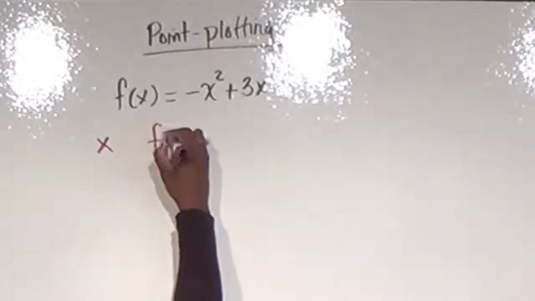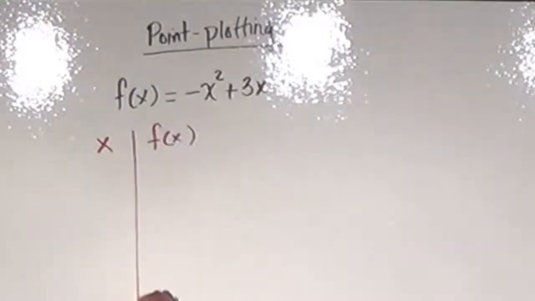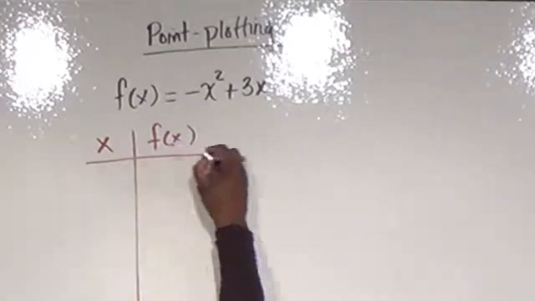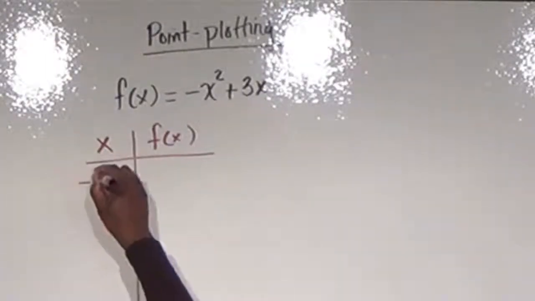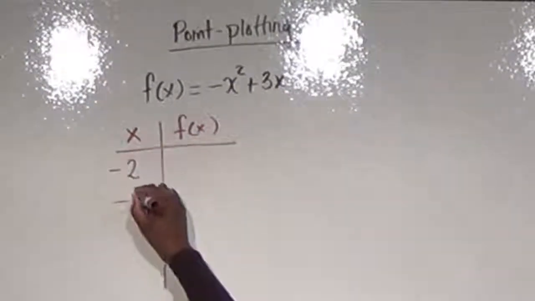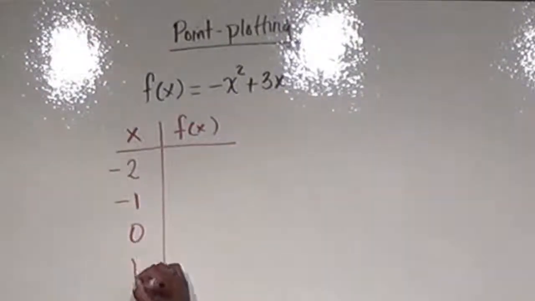So again, to point plot, I'm going to start by listing my table of values so that I can pick ordered pairs to put on my graph. Choose a couple of points. I would say 1 or 2 is not enough.